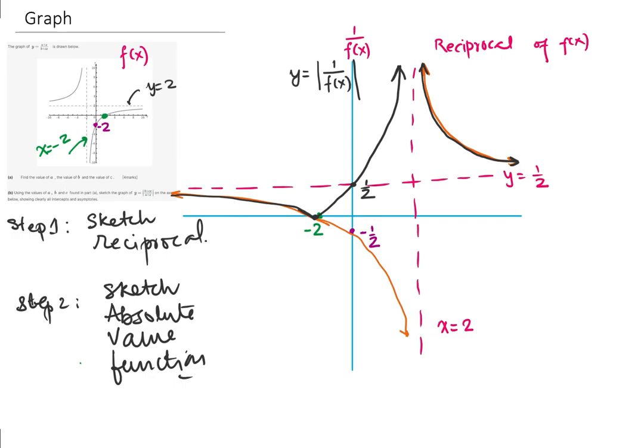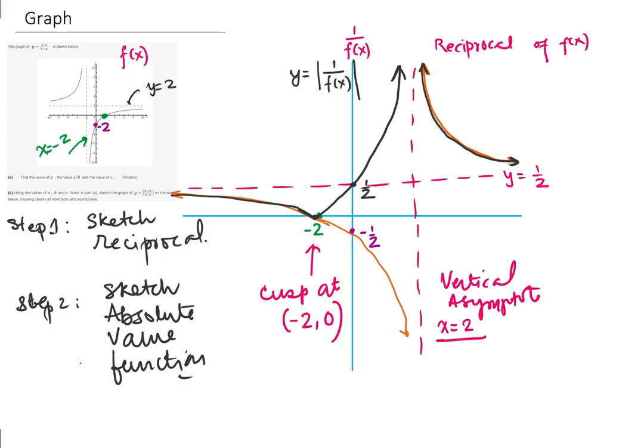So we have a cusp at minus 2, 0. Do you see that? We have a vertical asymptote at x equals 2.